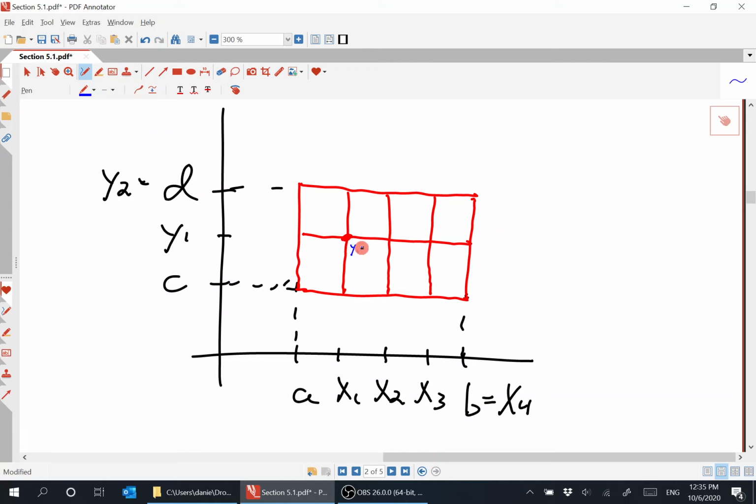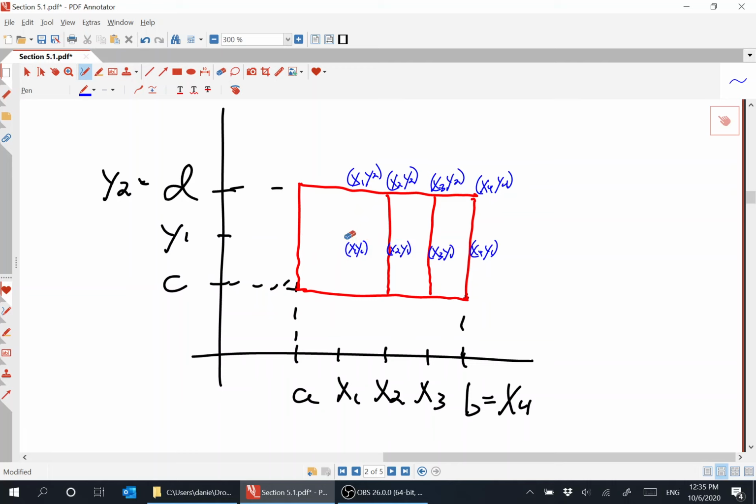So this is the point, not Y1, X1, but X1, Y1, X2, Y1, X3, Y1, X4, Y1, X1, Y2, X2, Y2, X3, Y2, X4, Y2.